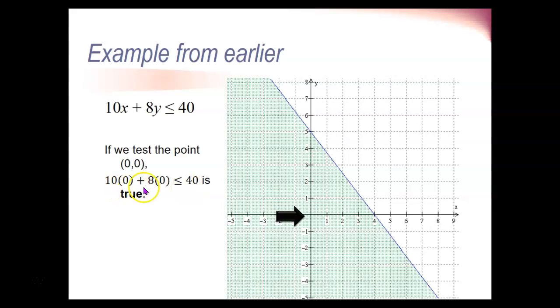Well, 10 times 0 plus 8 times 0 is just a big old 0, and that is indeed less than or equal to 40. So that is true. So when we decide which side of this line we want to be on, it's the side that includes the point 0, 0 that we just tested. That's this point over here, so we shade everything on this side of the line.